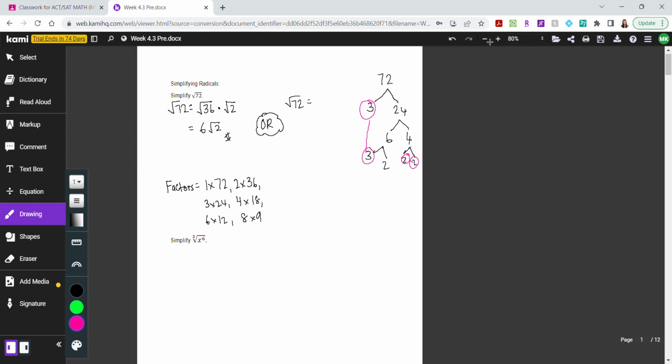All right. So we're going to write 3 times 2 times, and then whatever number wasn't repeated, like this 2 here didn't get repeated, we're just going to write it back in the square root. So square root 2. From there, we will perform the basic operation. So we get 6 square root 2. And that's the answer. All right.